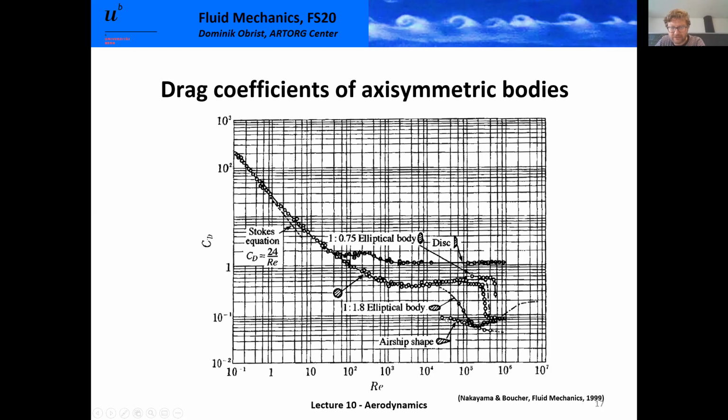And I would like to point out this line down here for this airship shape, or drop shape. It's axisymmetric, so it has a pointed tail. And of course, no surprise, the drag coefficient here is significantly lower. If we look specifically at a Reynolds number of about 200,000, we have a drag coefficient of 0.05 compared to a drag coefficient of a disk of around 1.